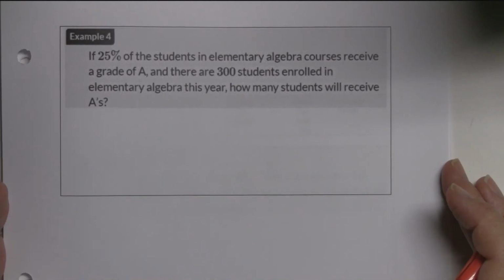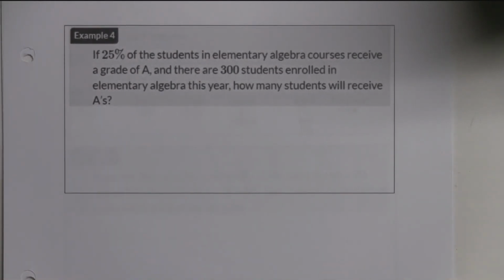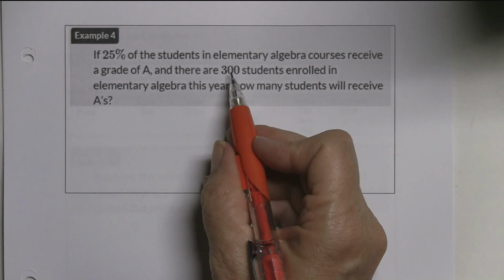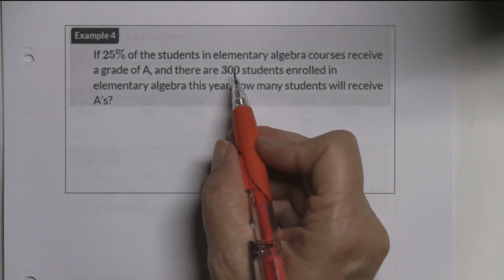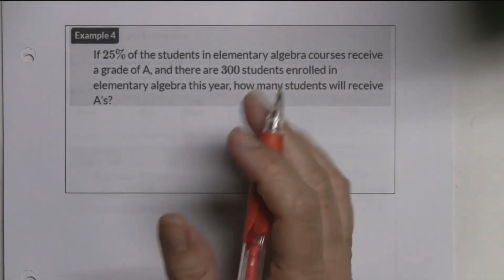And then one last problem here to go over. It says if 25% of the students in an elementary algebra course receive a grade of A, and there are 300 students enrolled in the elementary algebra course this year, how many students will receive an A? This time we want to know the part of the 300 students that receive an A. So the part and the whole are going together.